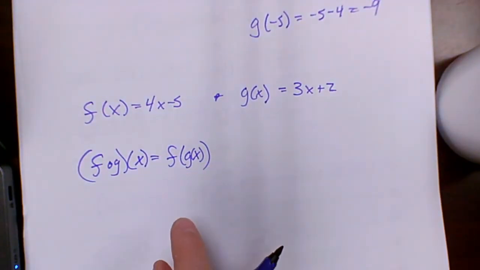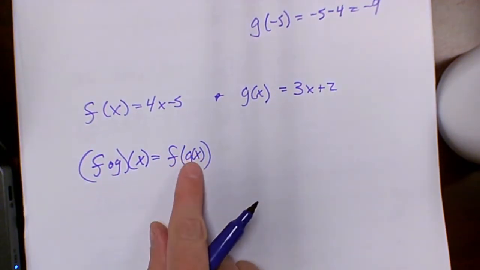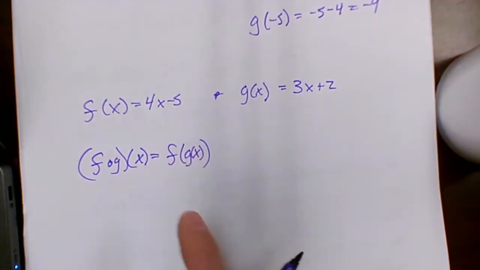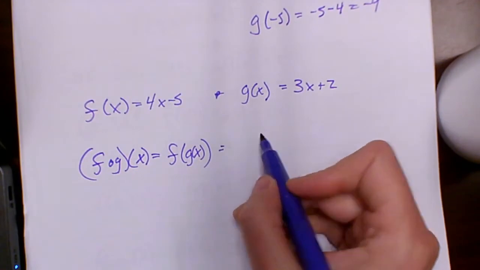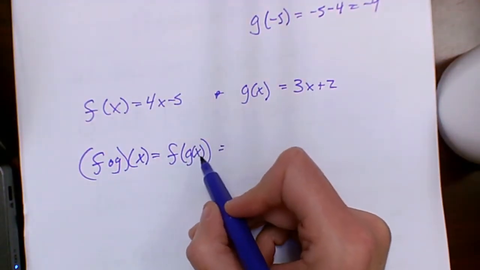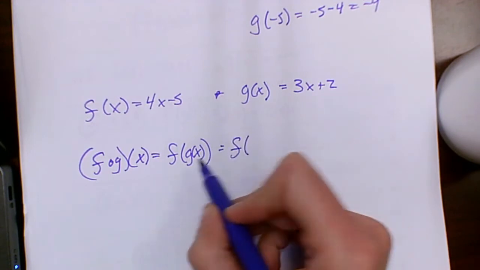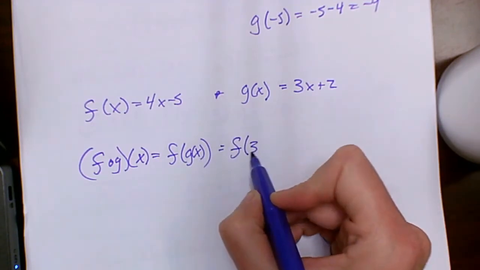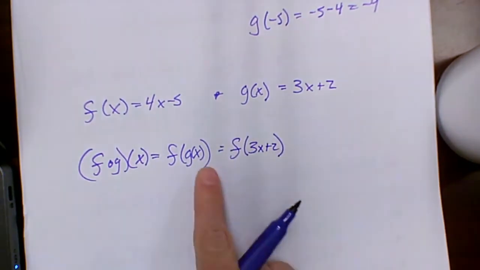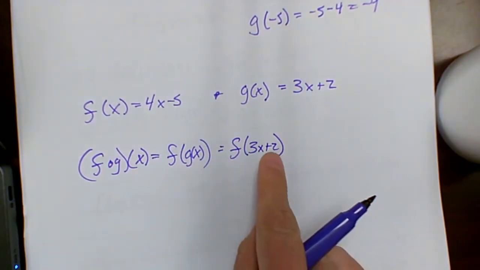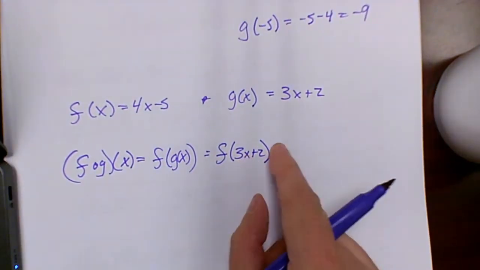I always think this is like a nest. So first we have f of g of x. Well, we have no value for x, so we're going to replace this g of x with the 3x plus 2.